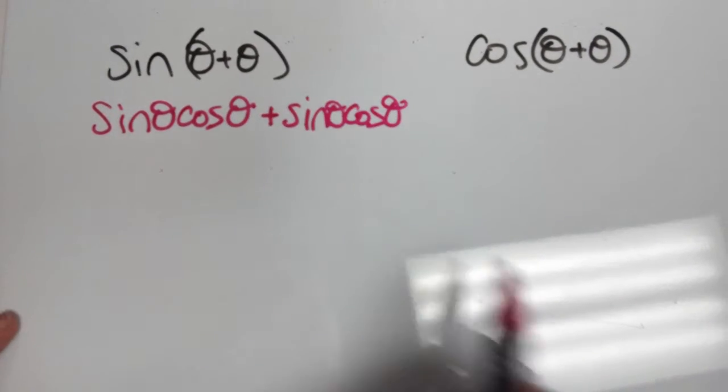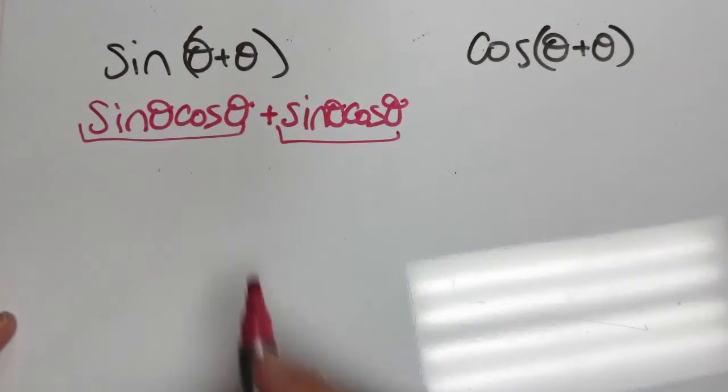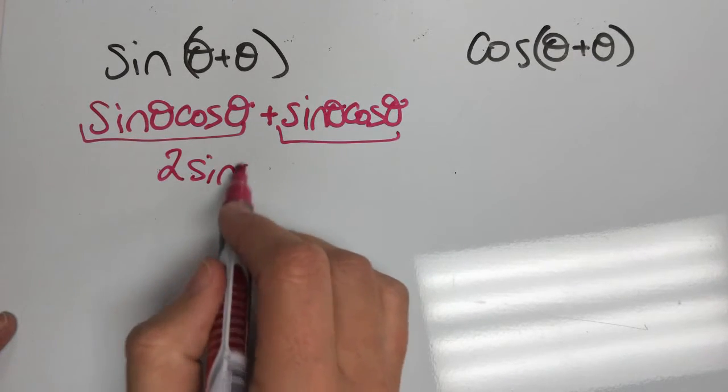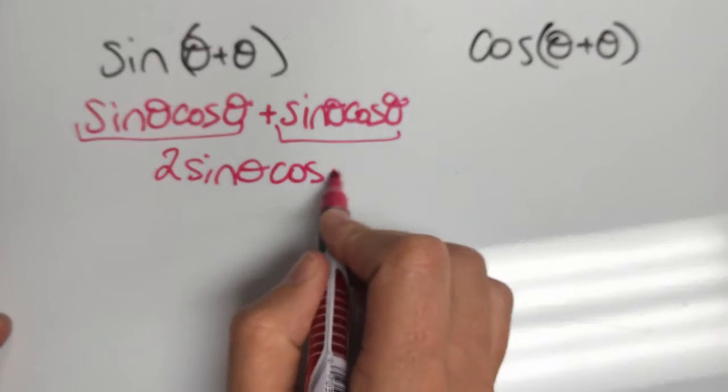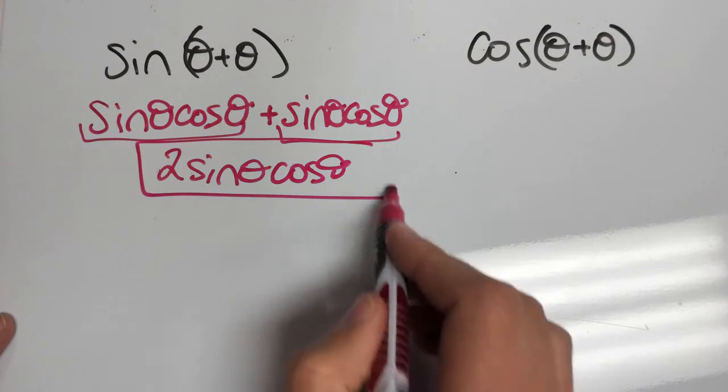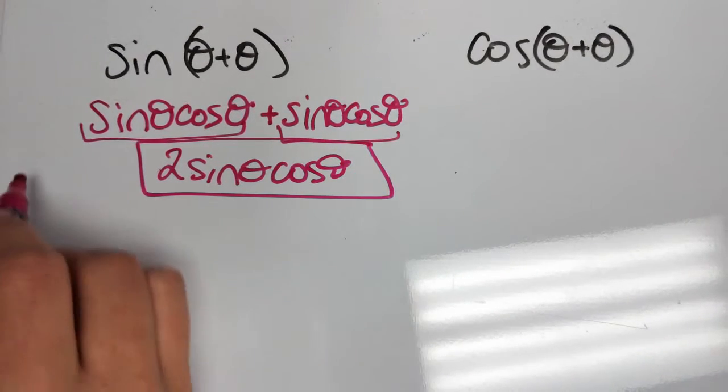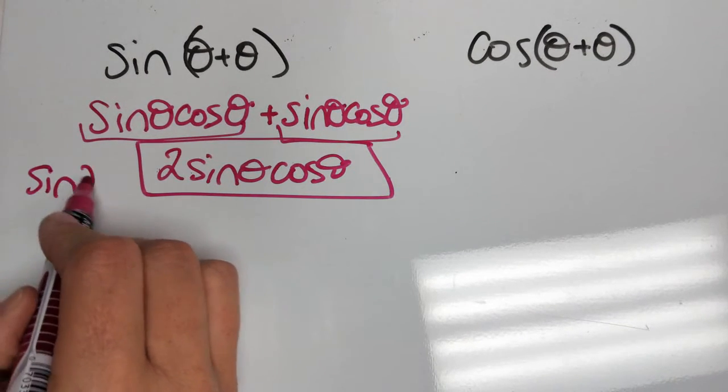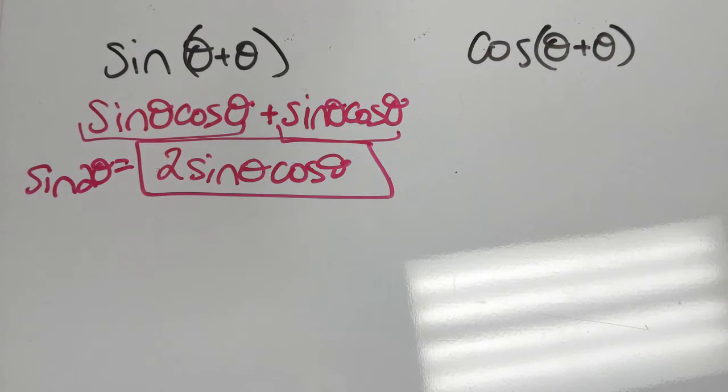If we simplify this, I have 1 sine cosine plus 1 sine cosine, which gives me 2 sine of my angle cosine of my angle, and that is the formula for a double angle. So sine of 2 theta is equal to 2 times sine of the angle times cosine of the angle.